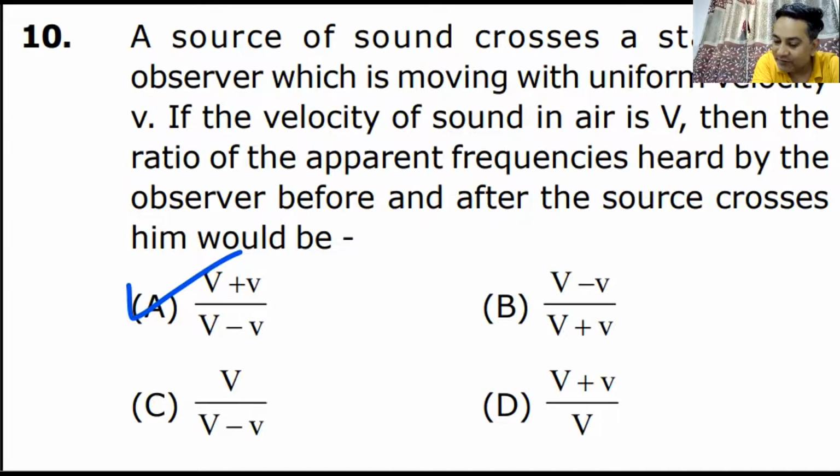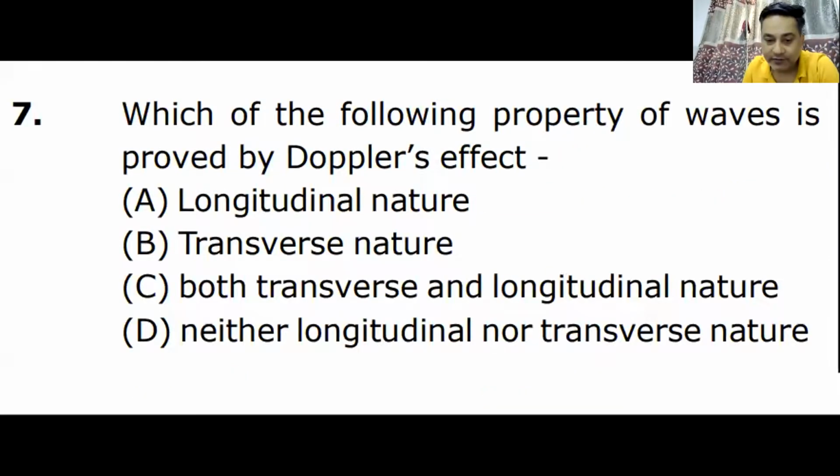Let's see who can give me the answer for this one. A straightforward question with a straightforward answer. Which of the following properties of the wave is proved by the Doppler effect? Longitudinal, transverse, longitudinal and transverse, or neither longitudinal nor transverse, it does not prove anything. Which one is the correct option?